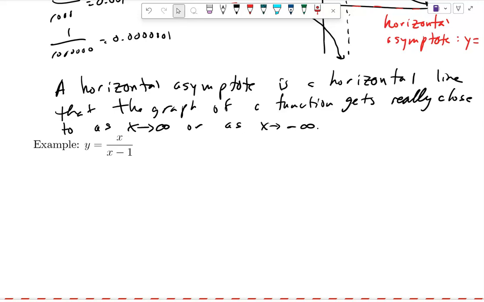Not much difference, right? If I do 1,000,000 over 999,999, that's really close to 1 as well. In particular, as x gets really, really big, does subtracting 1 off of it do much to it? No. So what we're going to be looking at for horizontal asymptotes is the leading terms here.